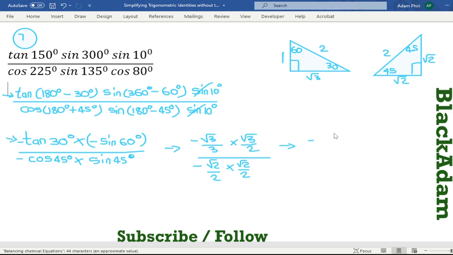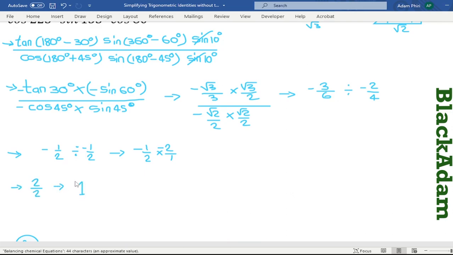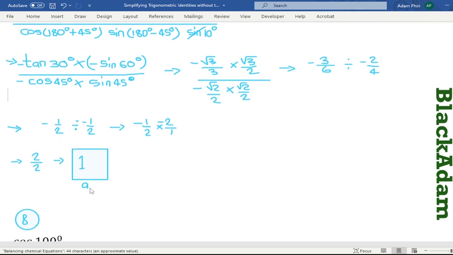As we check, we have root 3 divided by that, negative 2 over, so that gives us negative 1 over 2 multiplied by 2 over 4, that's negative 1. So positive 2 over 2, that's 1. But looking at the signs, it could be negative 1 as well.